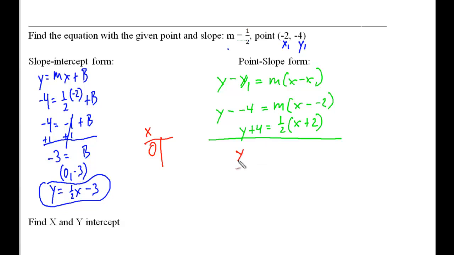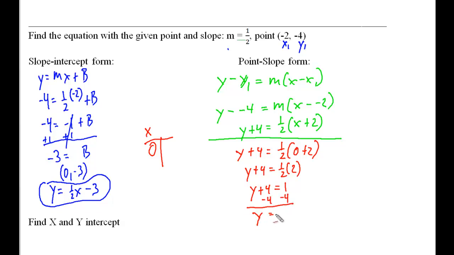So we're going to have y plus 4 is equal to 1/2 times (0 plus 2), which is 1/2 times 2. y plus 4 is equal to 1. If I subtract 4 from both sides, y is equal to negative 3. So my y-intercept is negative 3, which we already knew. So (0, -3).